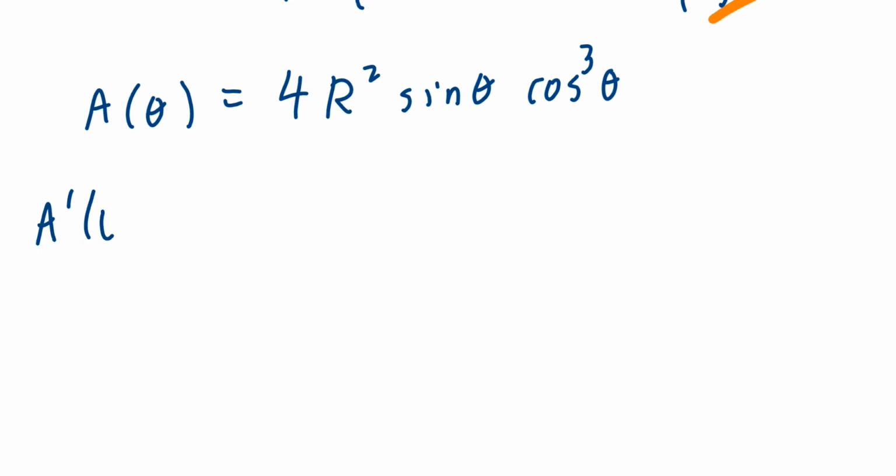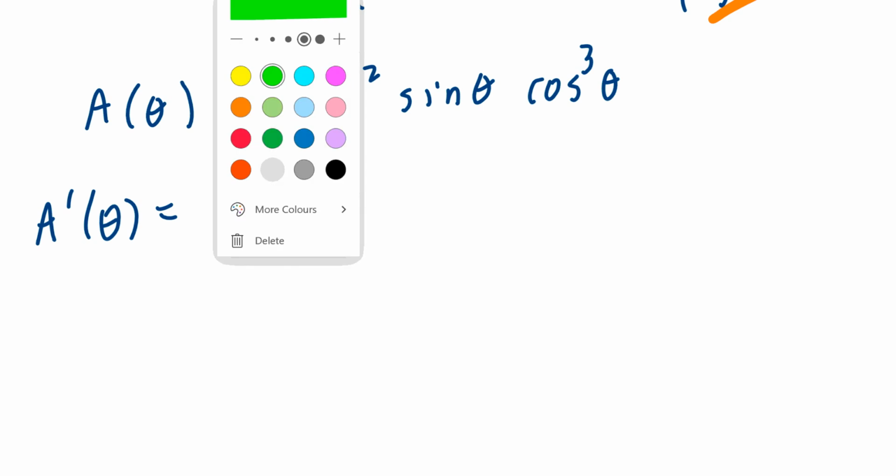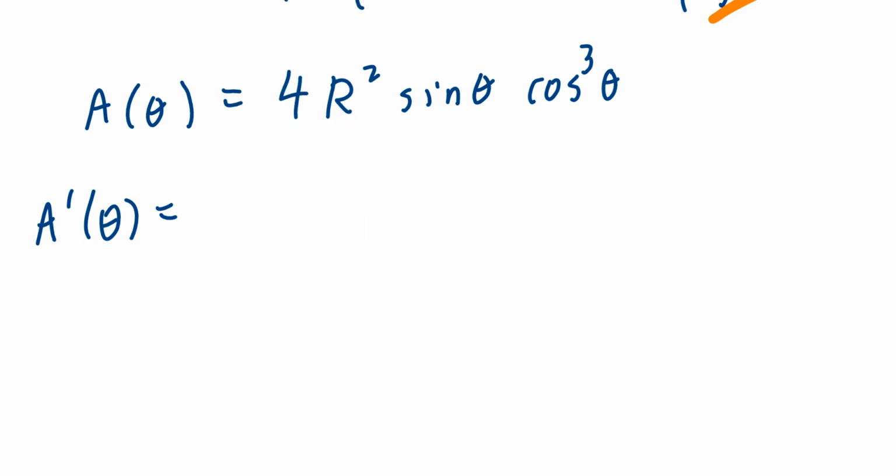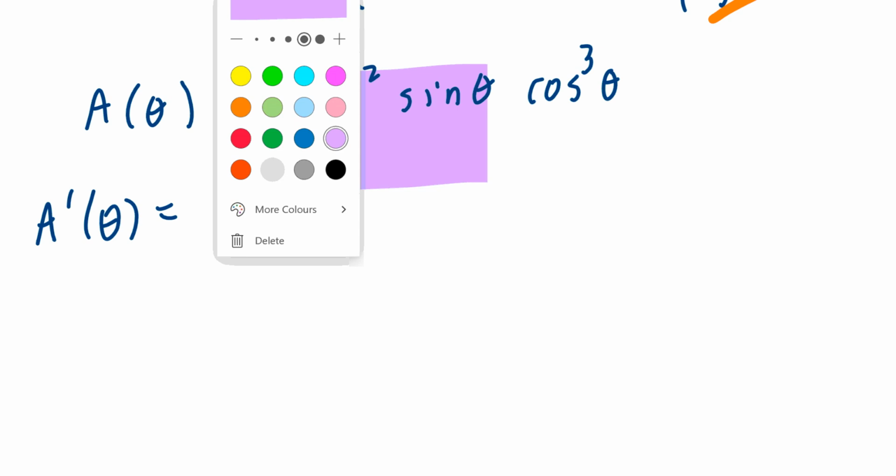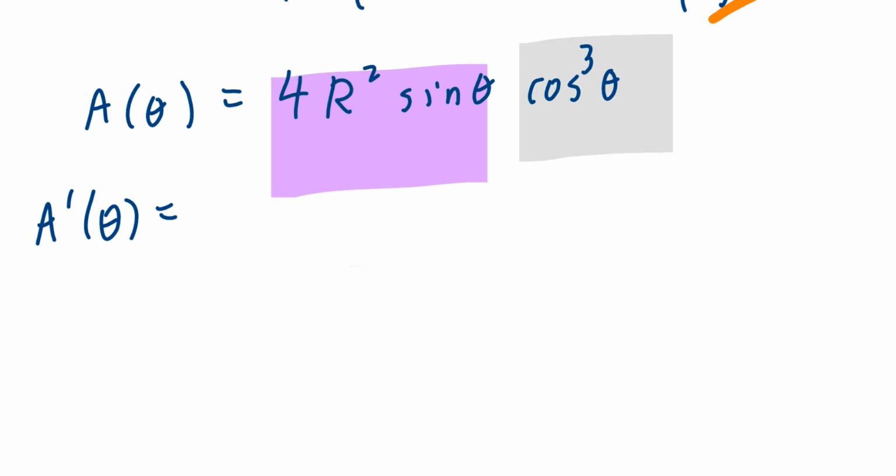A prime equals, now I'm going to apply the product rule here. So again, just to make sure no one's left behind, I'm expressing this as the first part and this as the second part. So I'm going to differentiate the first. That equals 4r squared times cosine theta.